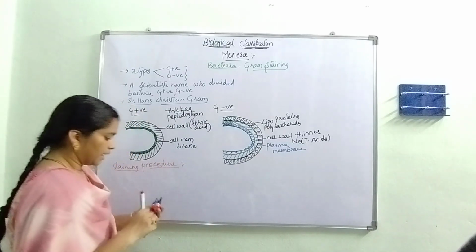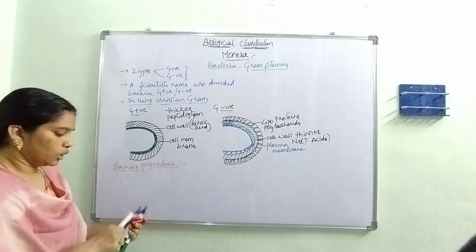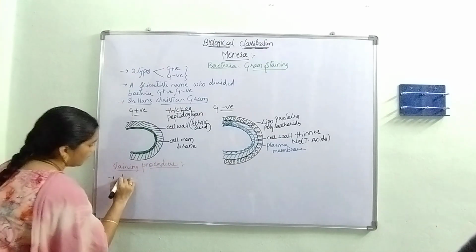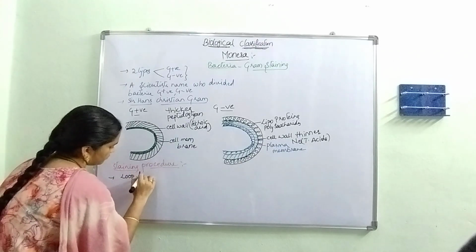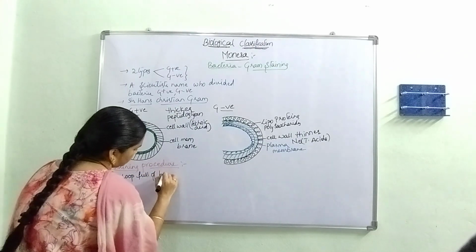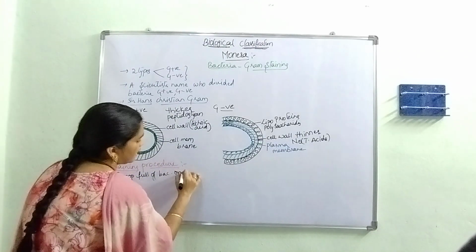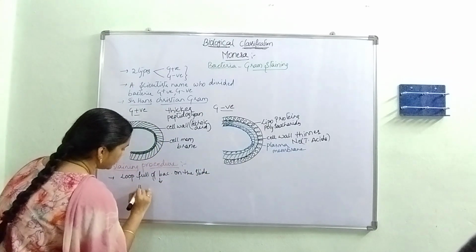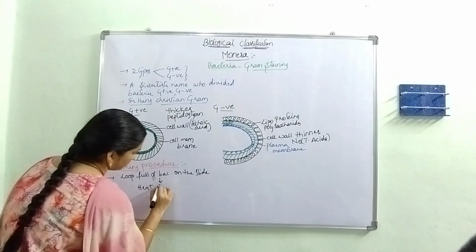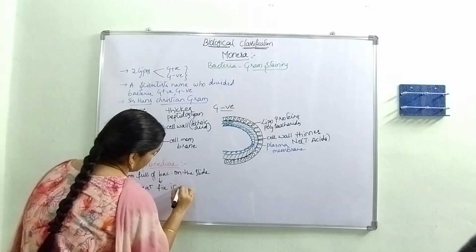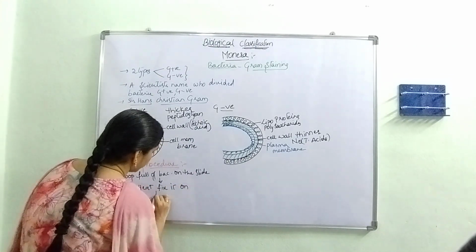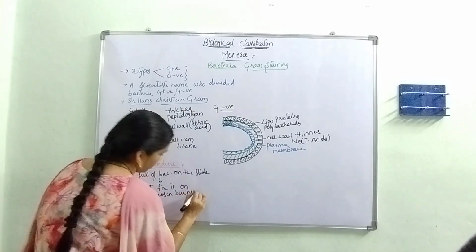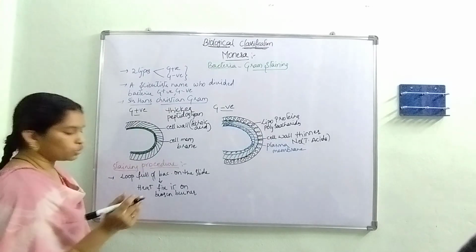First of all, take a loop full of bacteria on the slide, and then heat fix it on a Bunsen burner for 30 seconds to 1 minute.